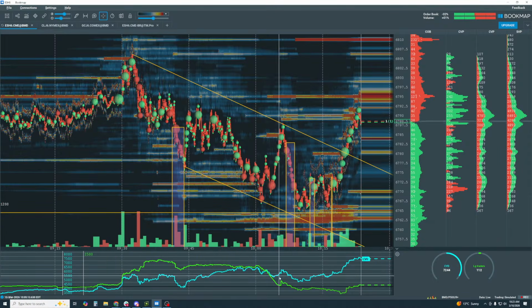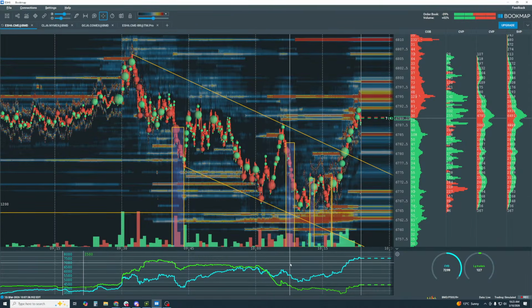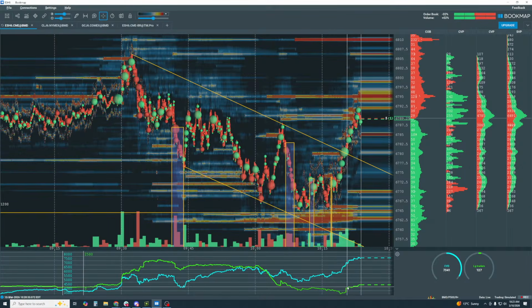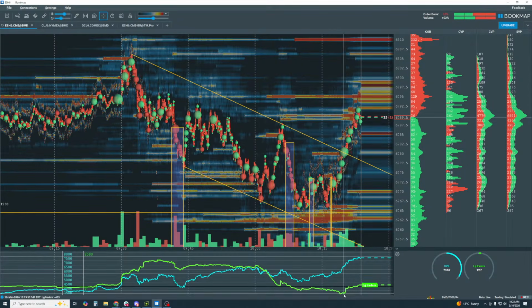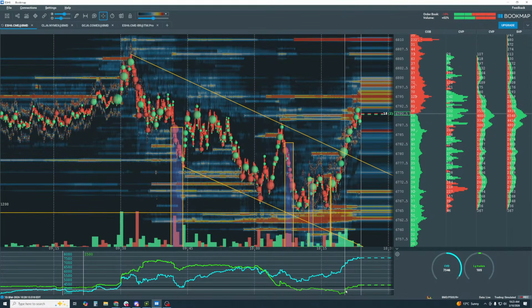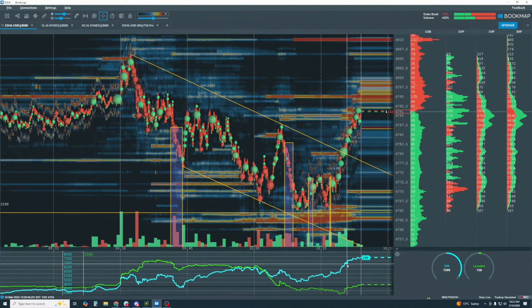Okay, so let's take a look at this in here. Look at the divergence in here. All right, so we're looking at at minimum 5 contracts here. So this is more likely larger players. They're trading with a minimum of 5 contracts, and the blue line in here is 1 contract.